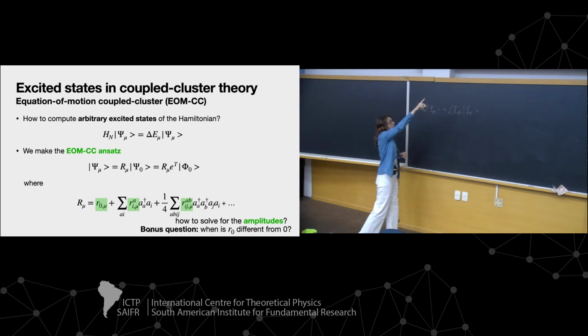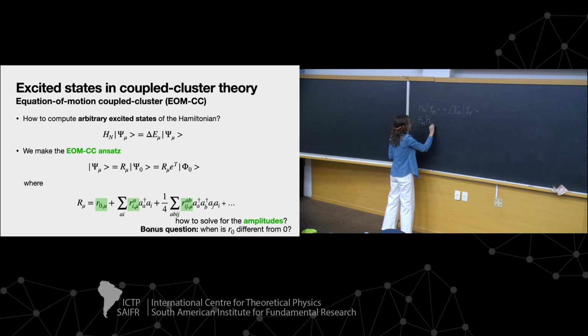So we put into that the ansatz that we have. Psi mu will be the action of an excitation operator on top of our ground state. In coupled cluster, we write the ground state as e to the T psi 0.